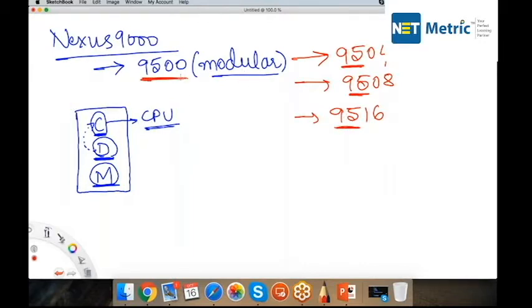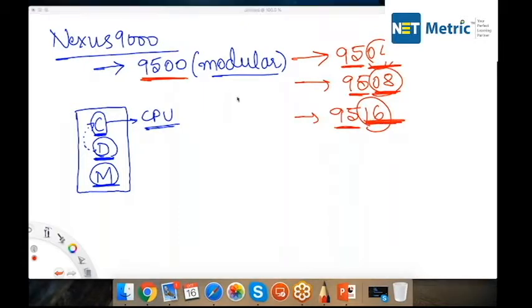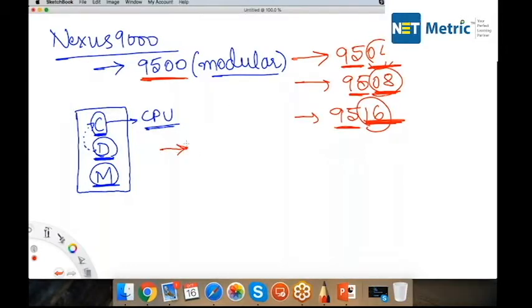Now, if these three planes are segregated in terms of different modules that you can insert on the chassis, then such devices are called modular devices. Please do make note of this.